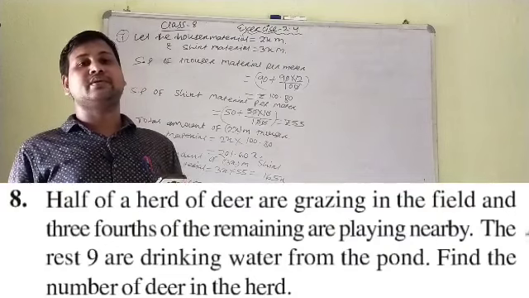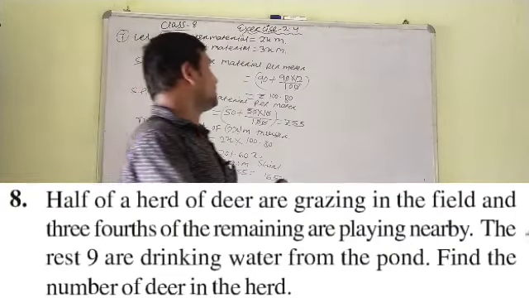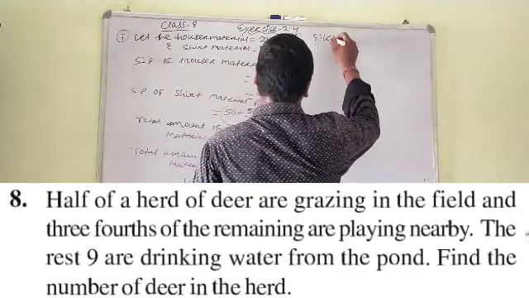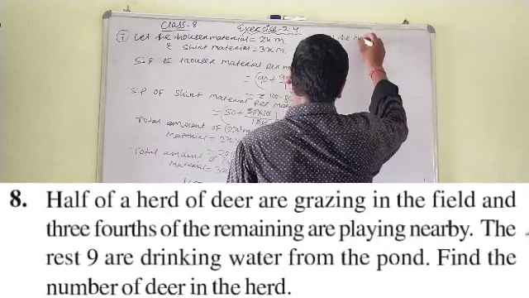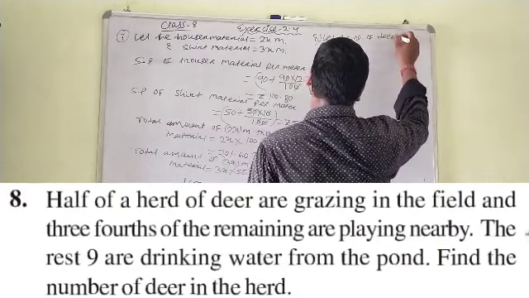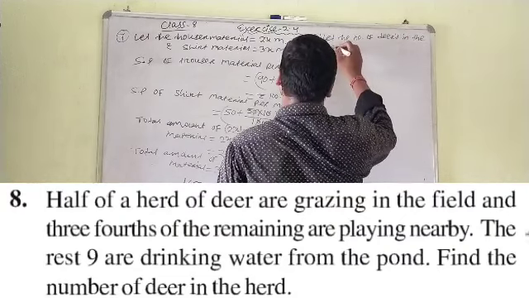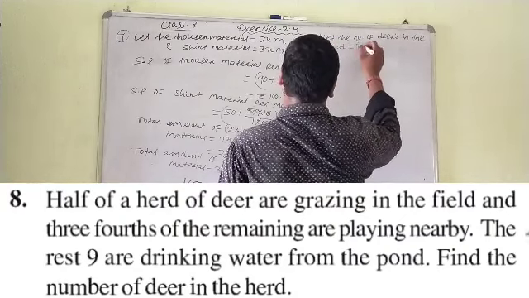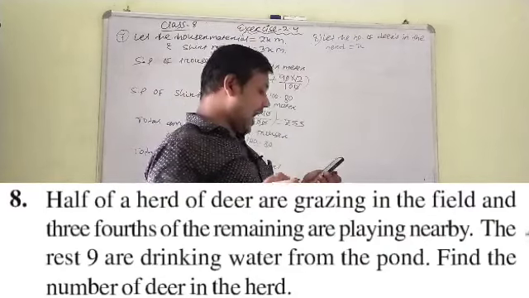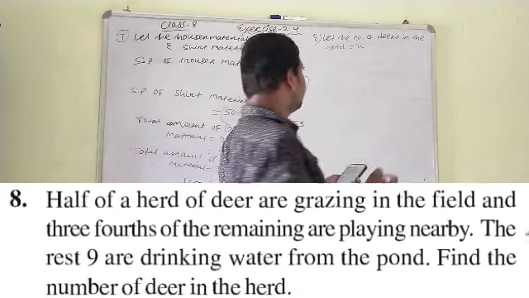So we'll have to take, let the number of deers in the herd be X. Let the number of deers in the herd equal to X. Okay, and it's given half of the herd of the deer are grazing in the field.